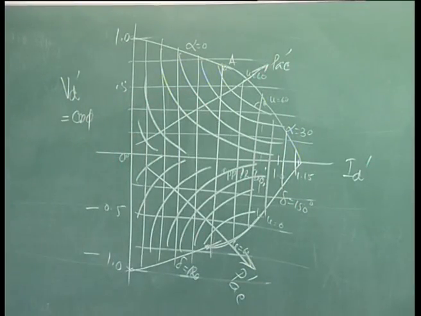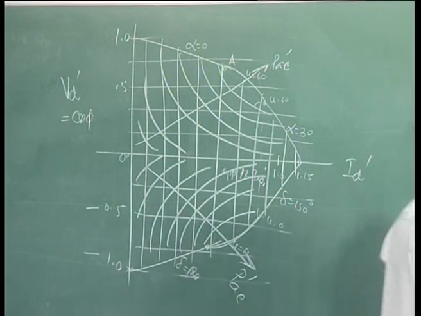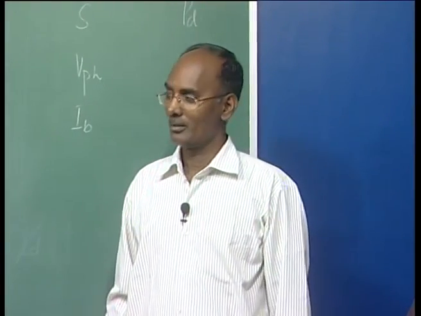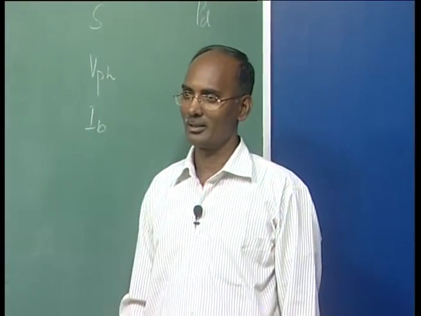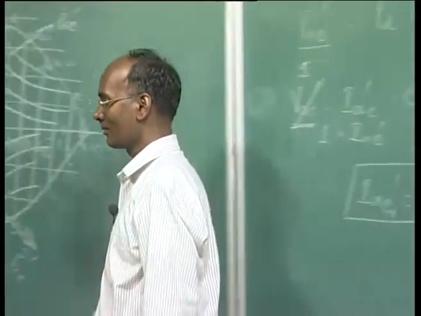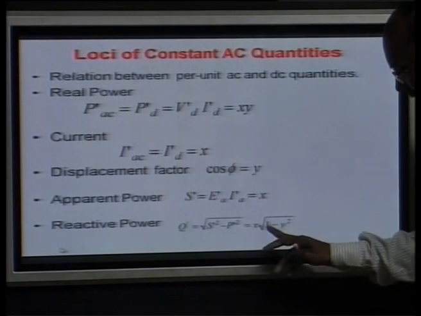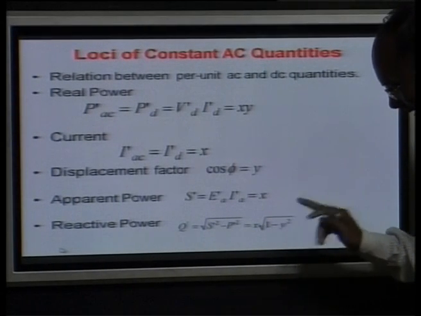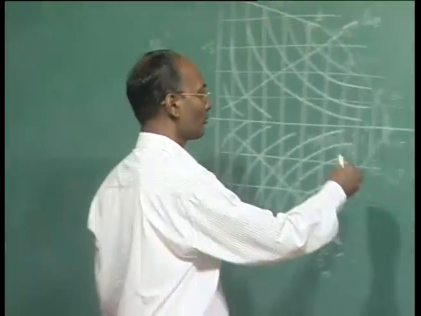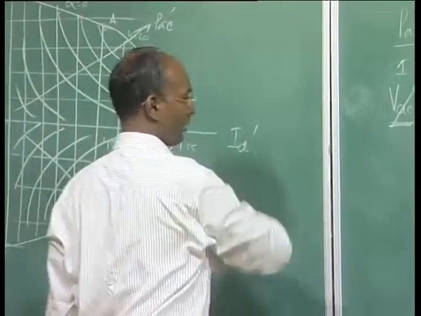Now what will be the characteristic of this? See, this characteristic, here it is x times 1 minus y square, and it will be similar to this one.